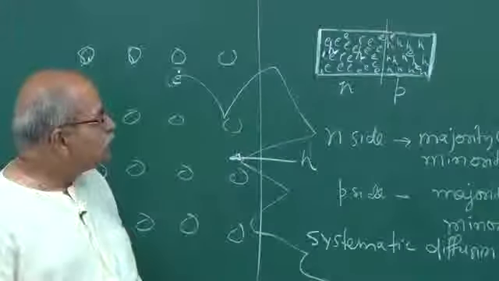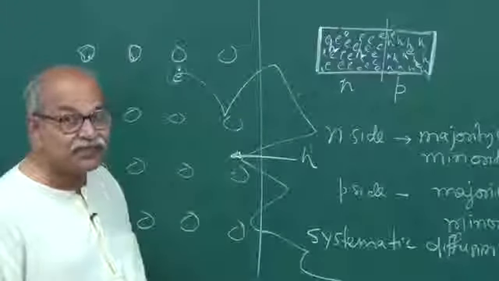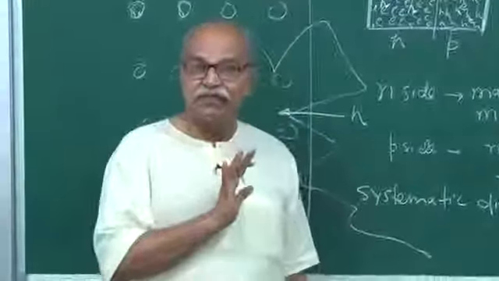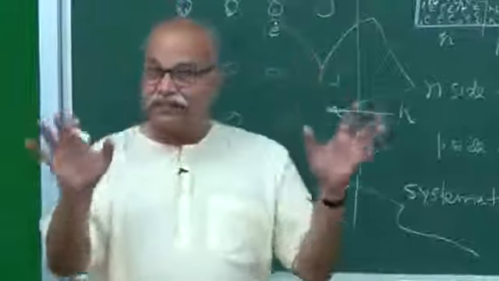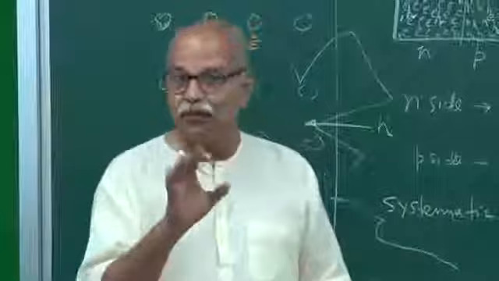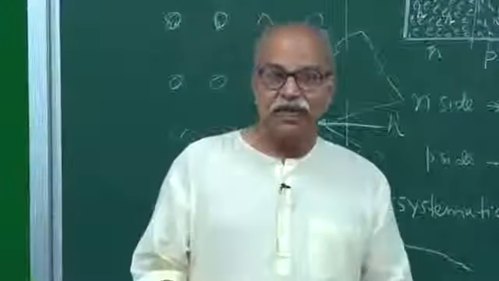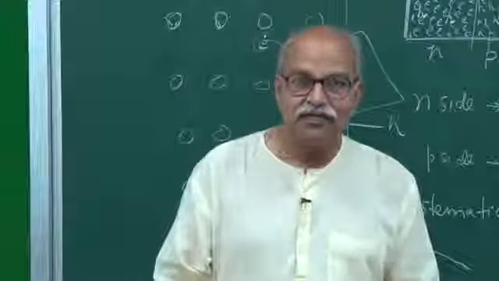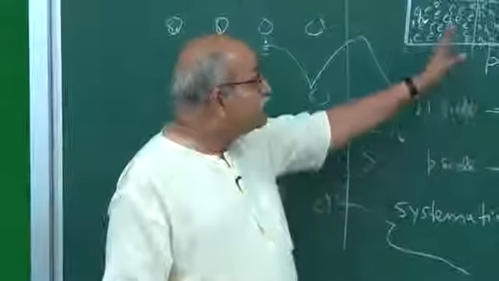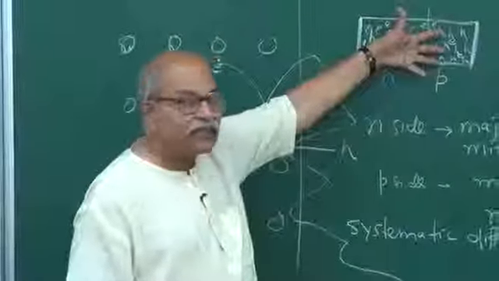Hence you will have a charge density appearing. Remember, when you dope N-type or P-type impurities, the charge density does not change, it remains 0 in the entire thing, because whatever you dope is neutral. The wafer is neutral, the dopant atoms that you are doping are also neutral. So the charge density is 0, but now there is a systematic movement. Electrons going from left to right, what will they do?